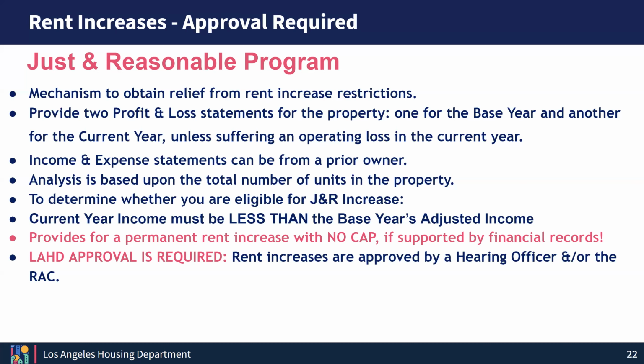Operating expenses do not include mortgage, but may include things like general maintenance of the property and other factors. So it's a very detailed program that has a bulletin and an application. For more details, you could always visit our LAHD website and look up the Just and Reasonable program.